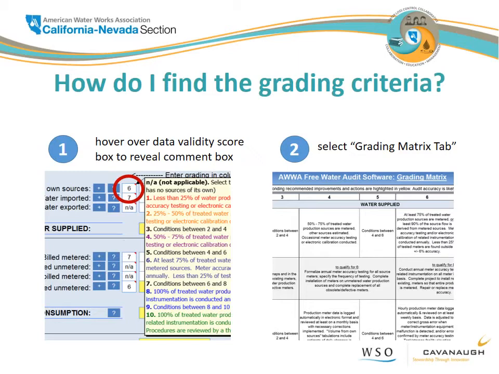So in the screenshot we're looking at there, if we were at a 4 for that given input, below you can see it says to qualify for a 6, and then it provides some specific actions that could be taken to move from a 4 up to the next highest grade, which can be very helpful. It moves it not only as an evaluation tool to assess what grade we're at today, but also as a planning tool to help us guide our next steps.